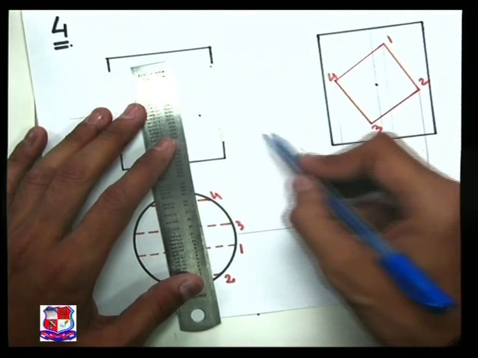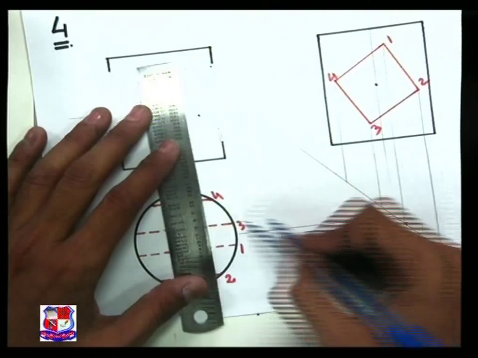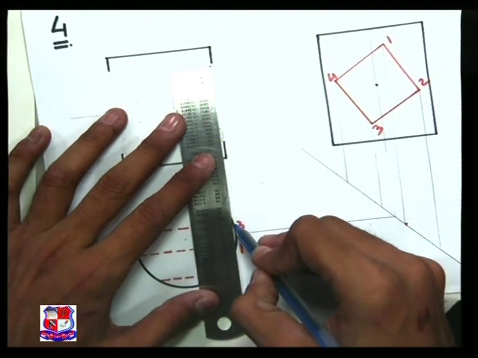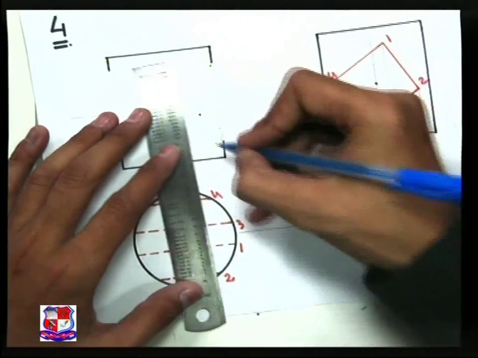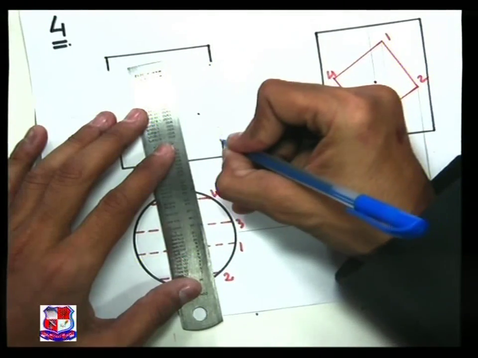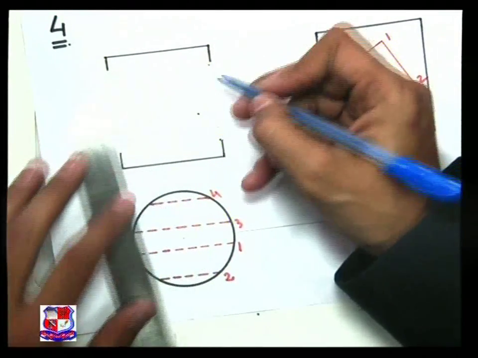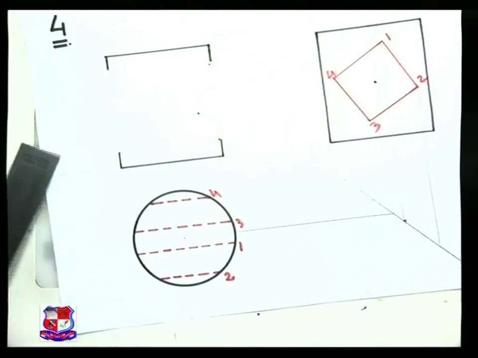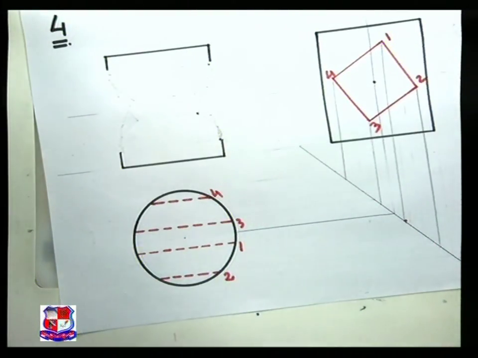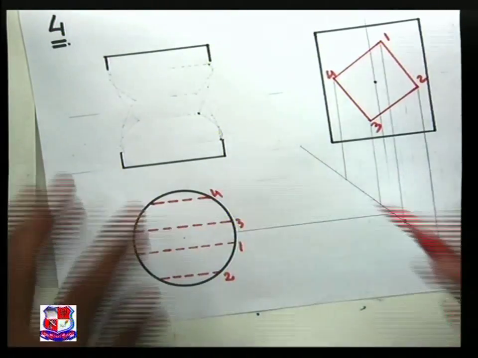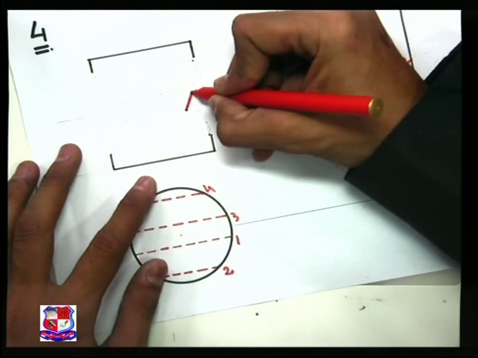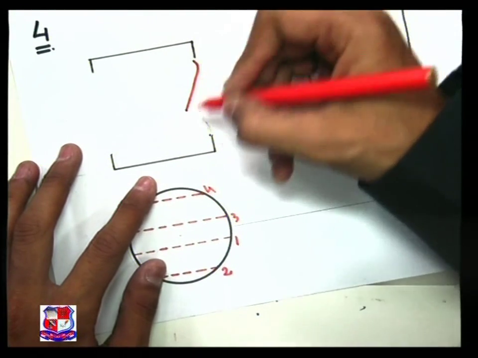So draw a horizontal line from point 3 and a vertical line from point 3, and transfer from the cylinder to here. Then point number 3 would be somewhere here. So 1, 2 and 3 points would be here. Join all these points with a smooth curve. So it would appear like this.